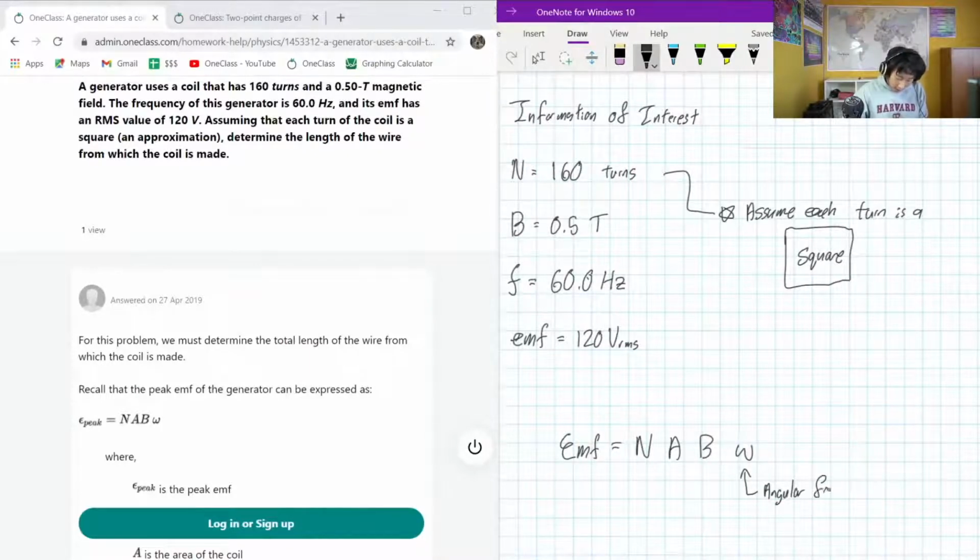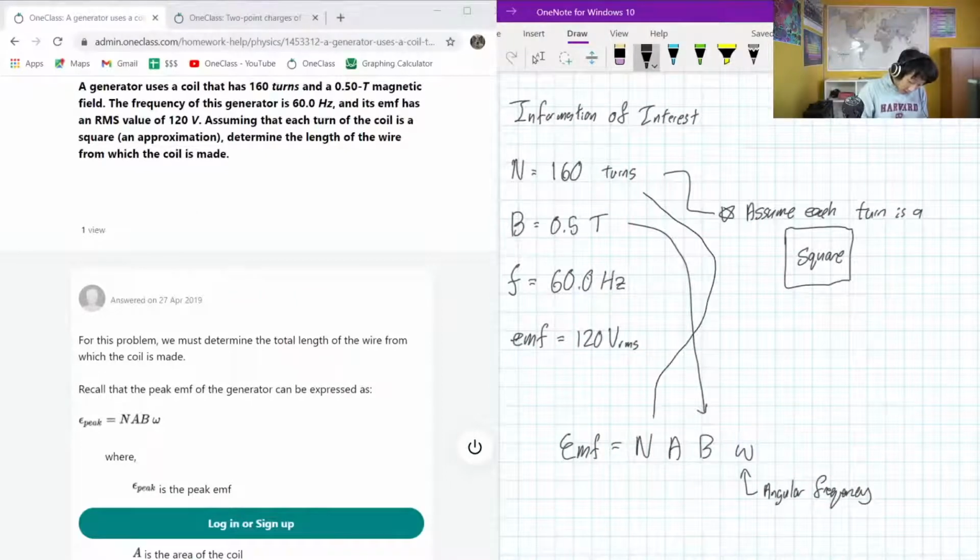B comes from here, N comes from here, and this is the cross-sectional area of the coil. And an EMF, well, that's pretty straightforward.